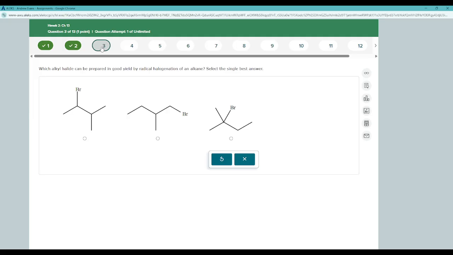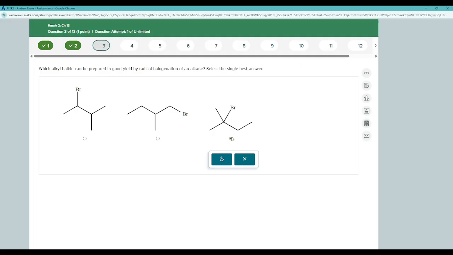Which alkyl halide can be prepared in good yields by radical halogenation of an alkane? So let's think about that. We're cleaving a CH bond and then adding that. So if I have 1, 2, 3, 4, we're looking at the original structure without the bromine. So that would be attacking at a secondary position, attacking at a primary position. This would be attacking at a tertiary position.